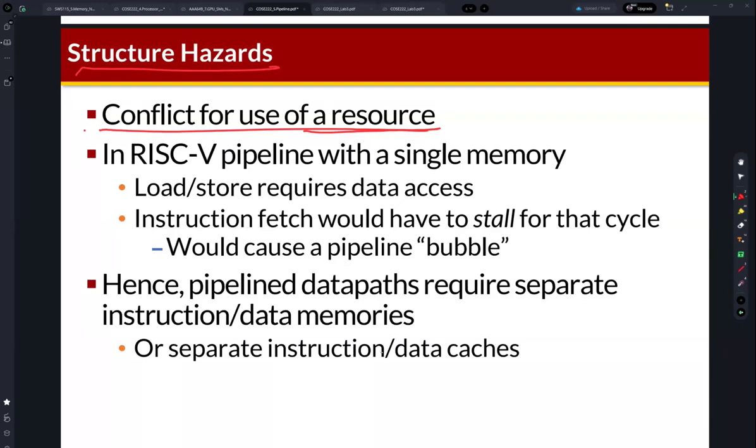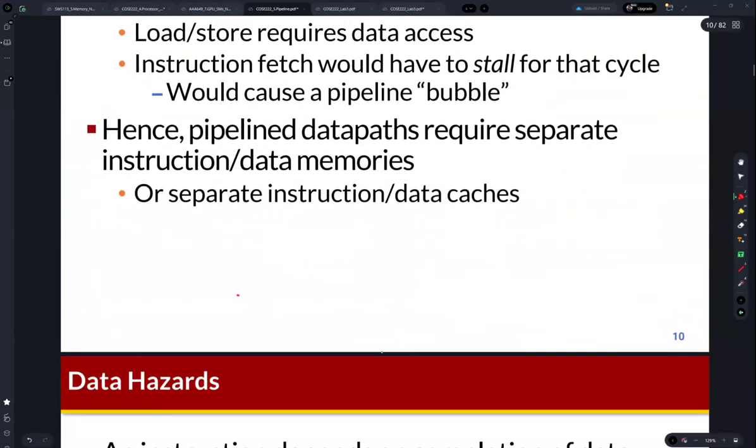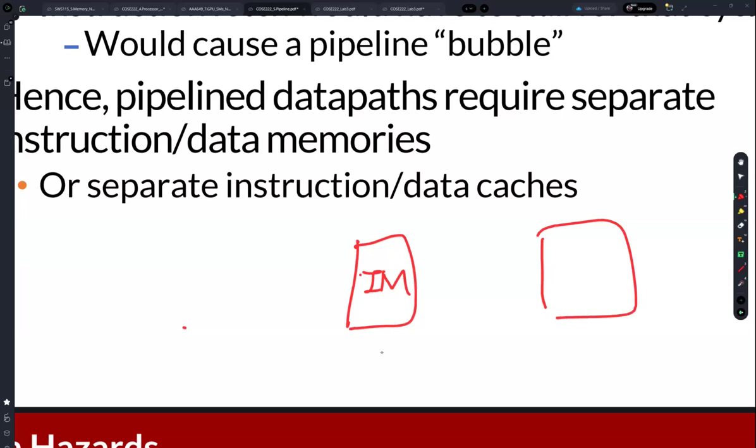In a simple 5-stage pipeline design, we cannot observe structure hazards because the structure hazards are already resolved. Actually, in the single cycle processor design, we split the instruction memory and data memory, right?